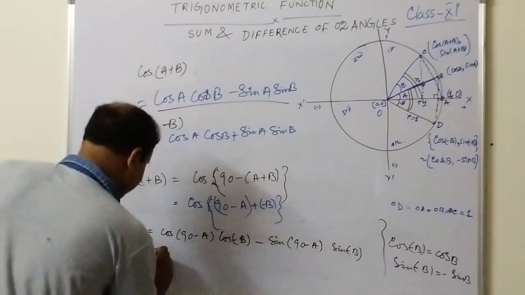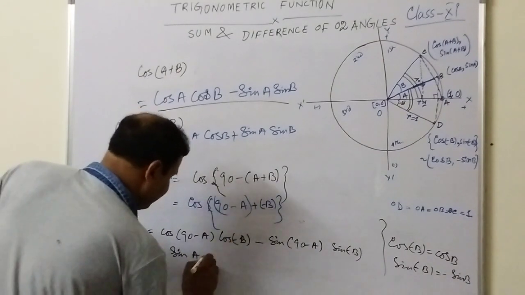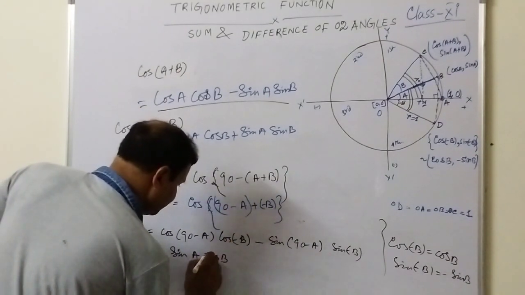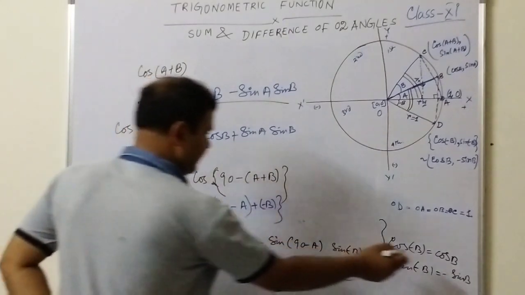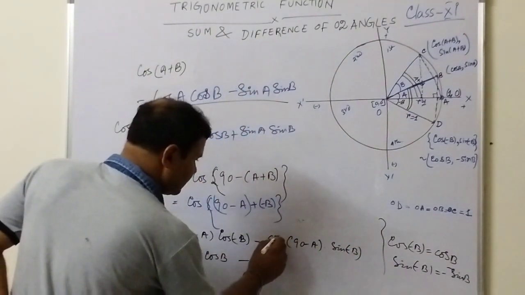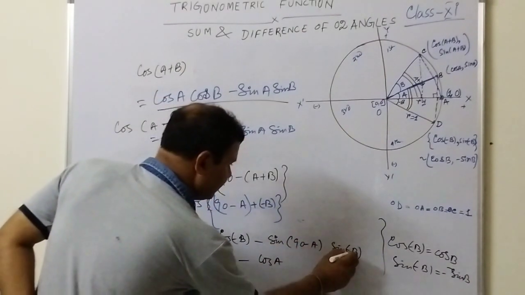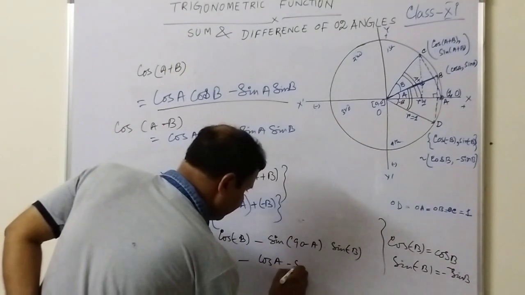So cos 90 minus A is nothing but sin A. Cos minus B is nothing but cos B. Here sin 90 minus A is cos A, and sin minus B is minus sin B.